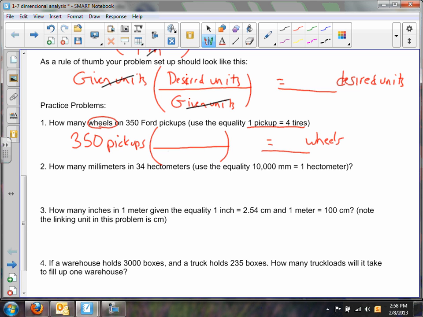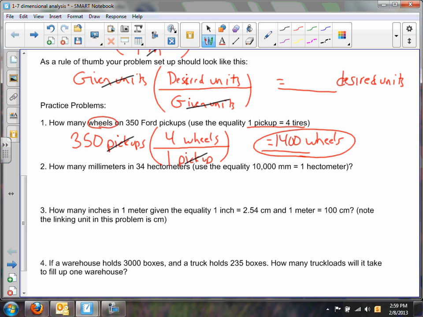Well, I need to put the 1 pickup on the bottom, the 4 wheels or tires on the top, and notice pickups will cancel out. When you multiply 350 times 4, you get 1,400 wheels. My factors, my units have canceled out.